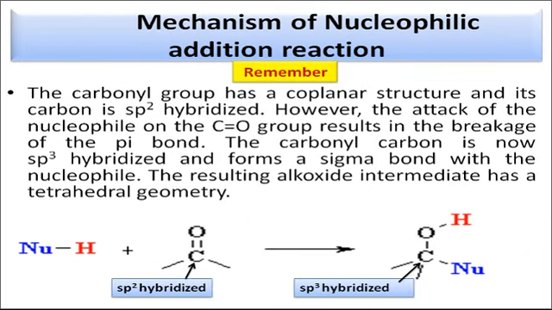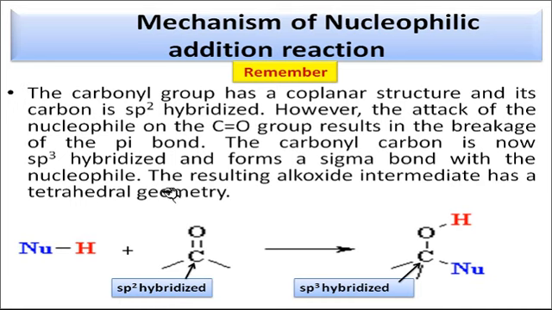Now, one point you must remember while discussing the nucleophilic addition reaction. The carbonyl group has a coplanar structure and its carbon is sp2 hybridized. In case of carbonyl compounds, this carbon is sp2 hybridized. Structure is coplanar.